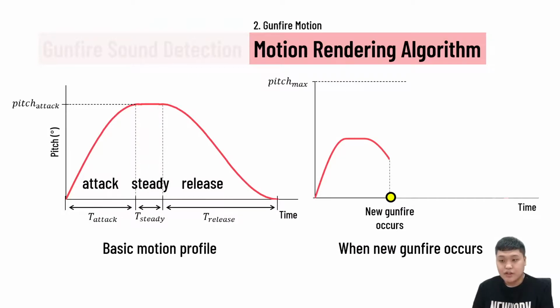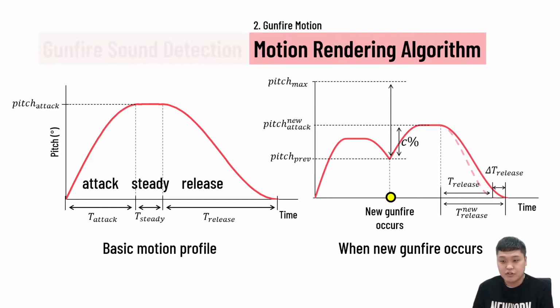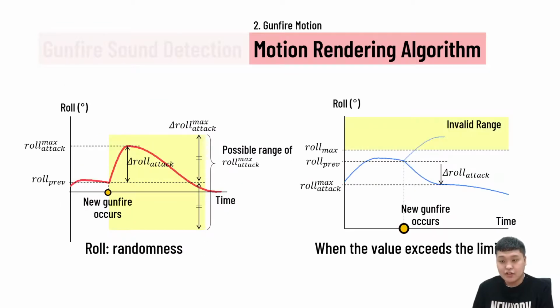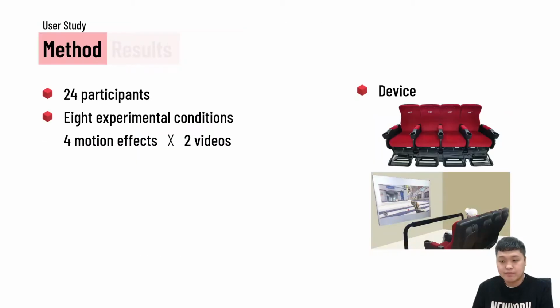Then, we decided to present a basic motion profile for every gunfire, which mimics the strong reaction force using the pitch axis. To not exceed the pitch limitation, some portion of the remaining pitch value was added. In addition, for enjoyable experiences, we provided roll motion with the same basic profile but with a random range.